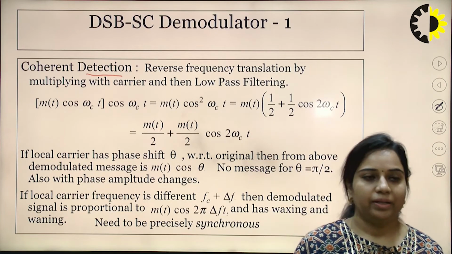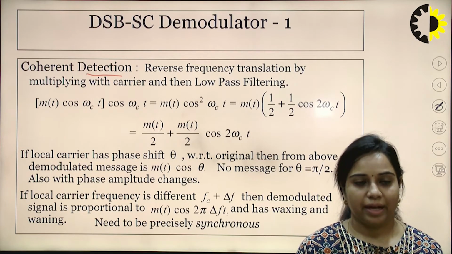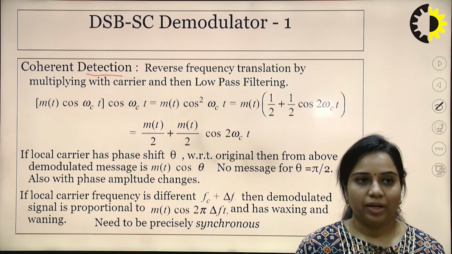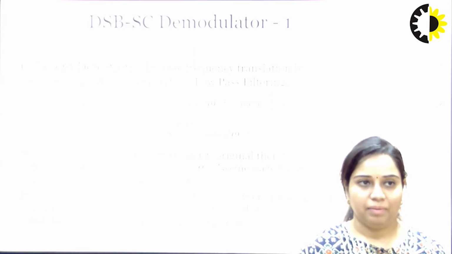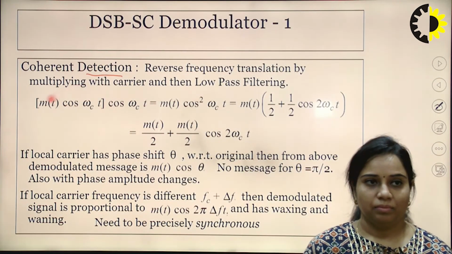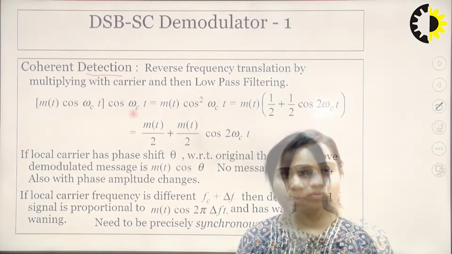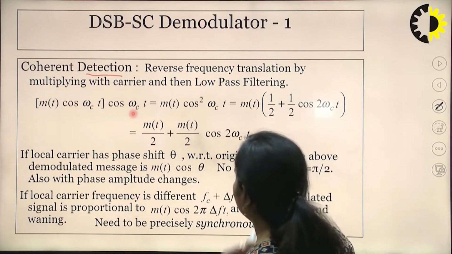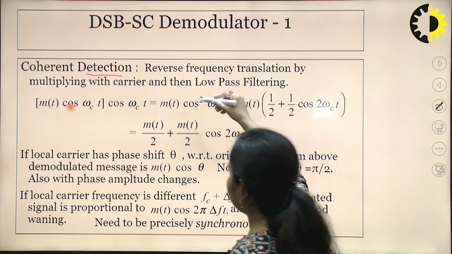So coherent detection is when both the carrier signals have the same phase and frequency. If they do not have the same phase and frequency, then the demodulated output will not be the same. So that is coherent detection. Now we are going to see this in detail.